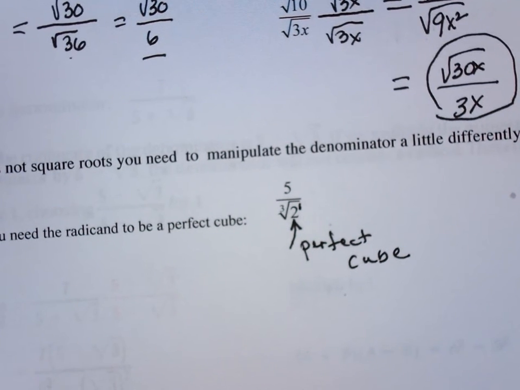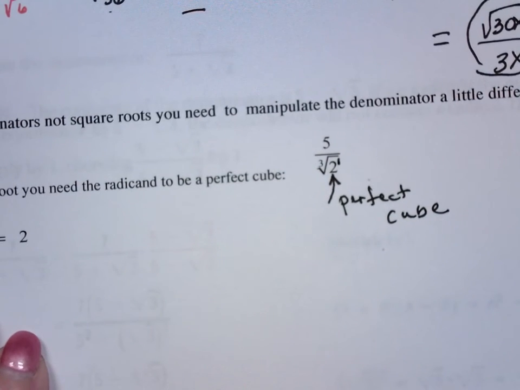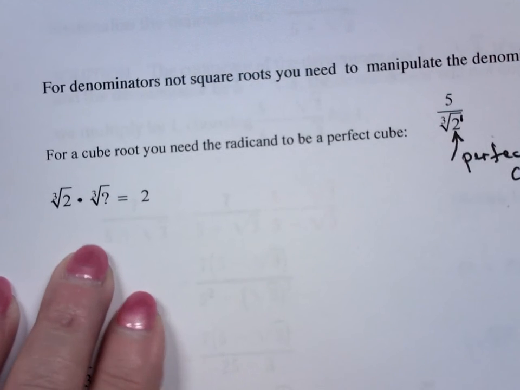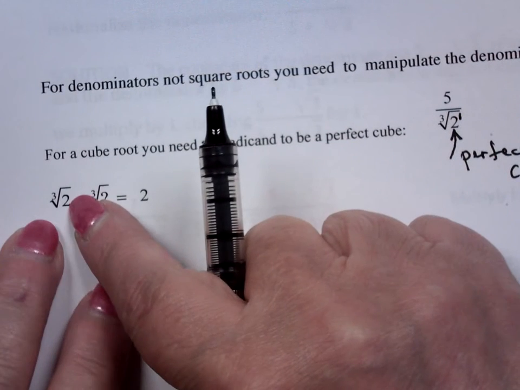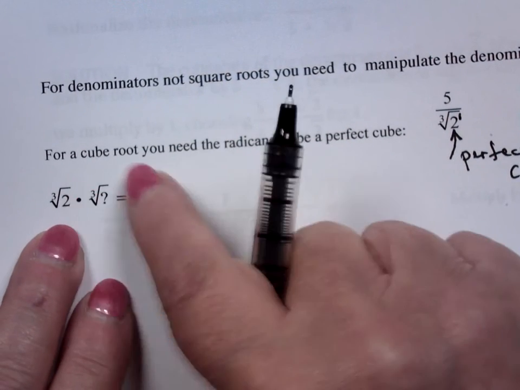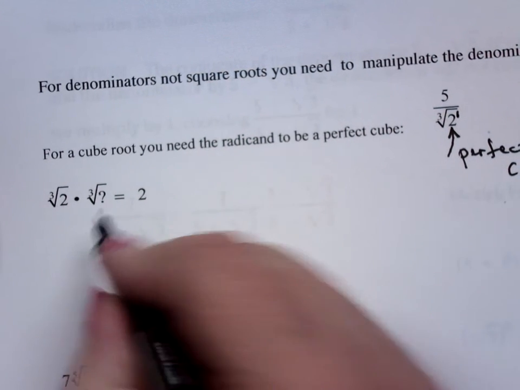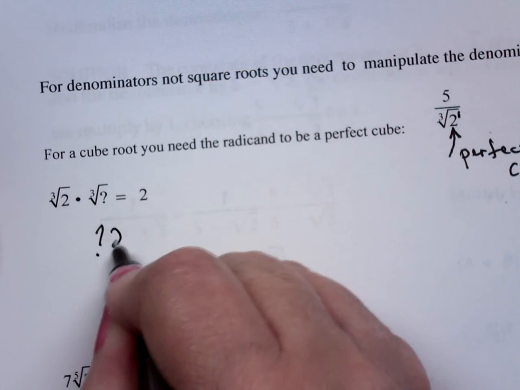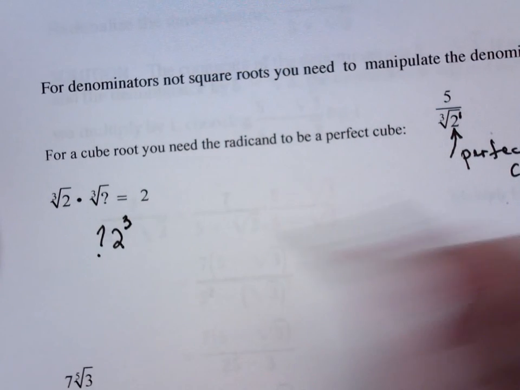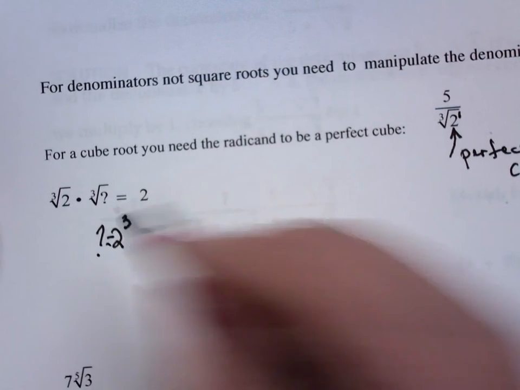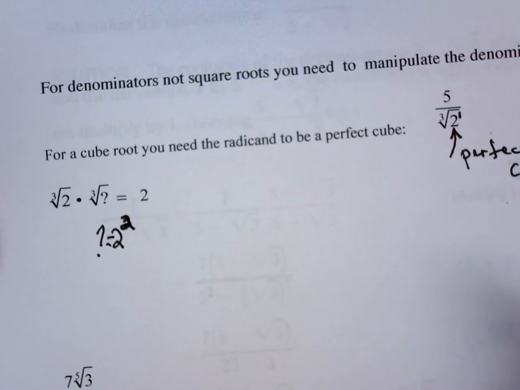So I'd say to myself, if I have a cube root of 2, what do I need to multiply it by to get a perfect cube? And you would say this thing has to be 2 to the 3, right? I'm sorry, 2 to the 2.